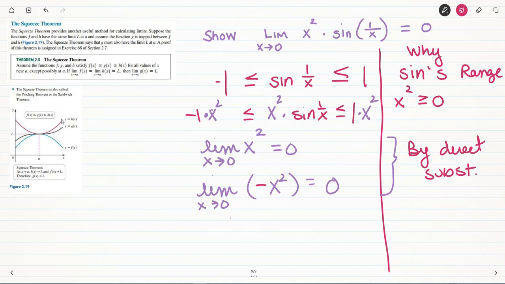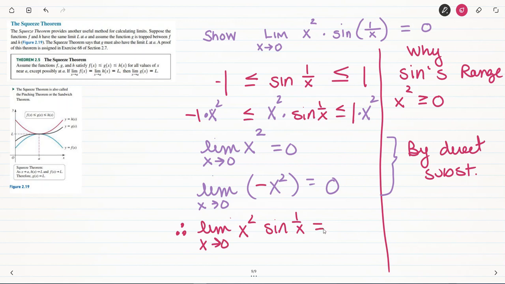Well, we've got our squeeze. We've got the pink function has a limit that's equal to the aqua-colored function. So this x squared on the outside and the opposite of x squared on this other side both have a limit of 0. So what do I know about the limit of x squared times sine of 1 over x as x is approaching 0?